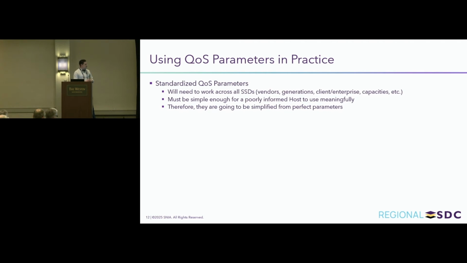The parameters that we arrive at need to be simple enough that a poorly informed host won't get themselves into too much trouble. If we go too complex, it very much can end up otherwise.